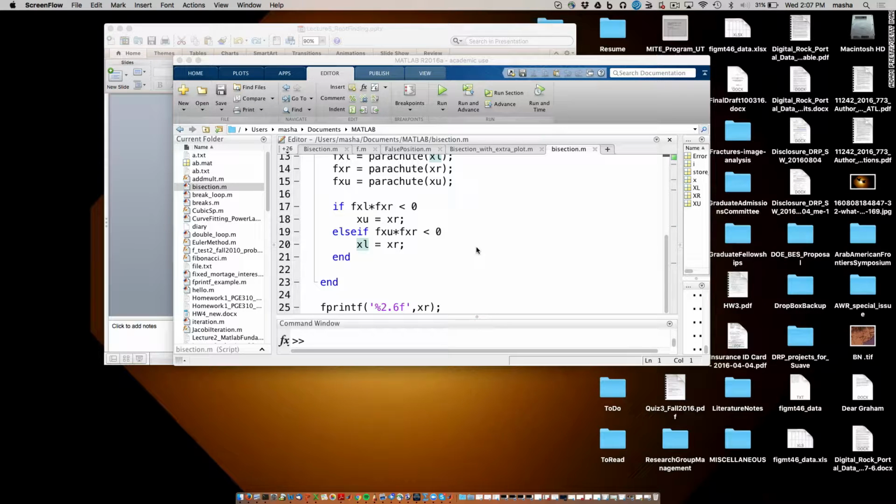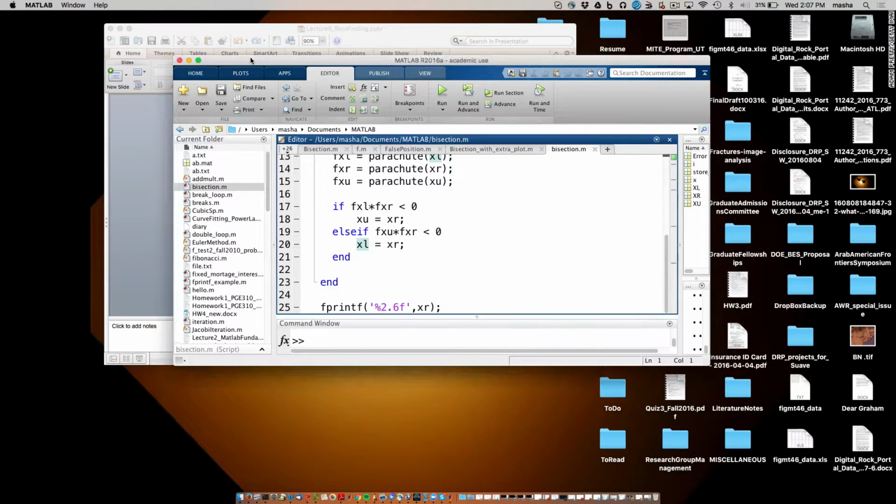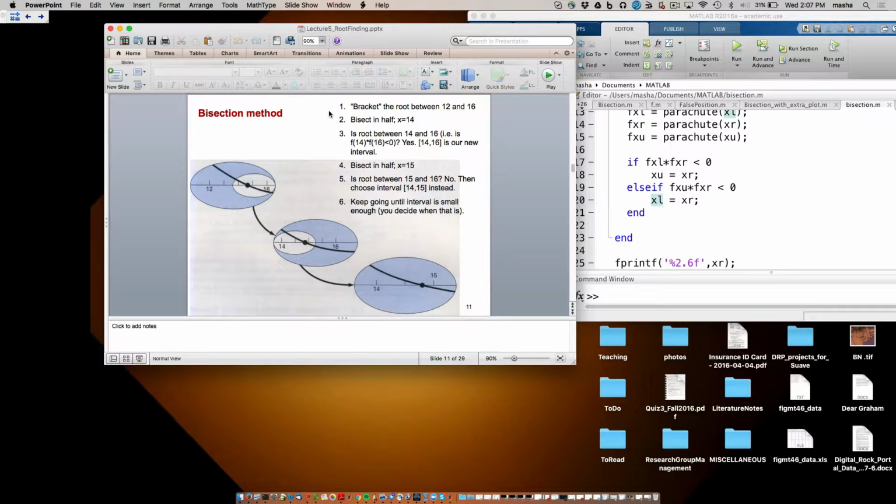All right. So today we will continue the topic we started before the test, and that was the topic of root finding. We mentioned so far two methods. One was bisection.